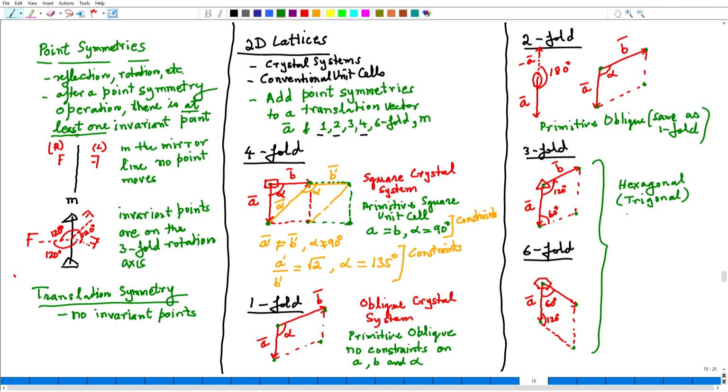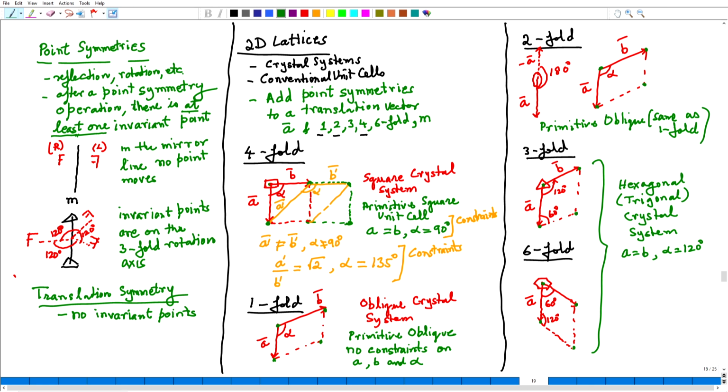So the hexagonal crystal system, and once you put the lattice points and decide on a unit cell, then A equals B and alpha equals 120 degrees. So now how many crystal systems have we developed? We have developed the square crystal system, the oblique crystal system, and the hexagonal crystal system.